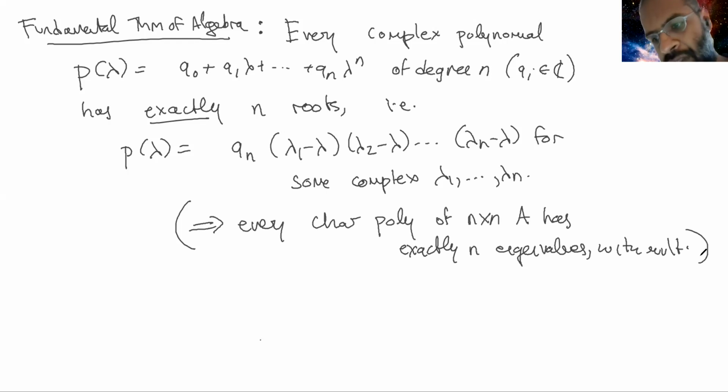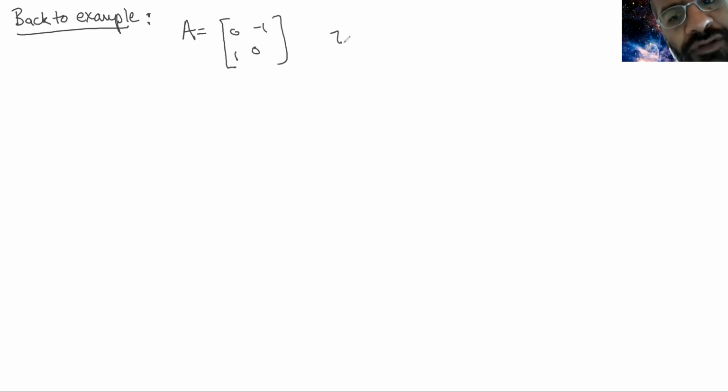Okay. So let's go back to our example and see how to diagonalize it. Our matrix was... characteristic polynomial was this, which we now know how to factor.